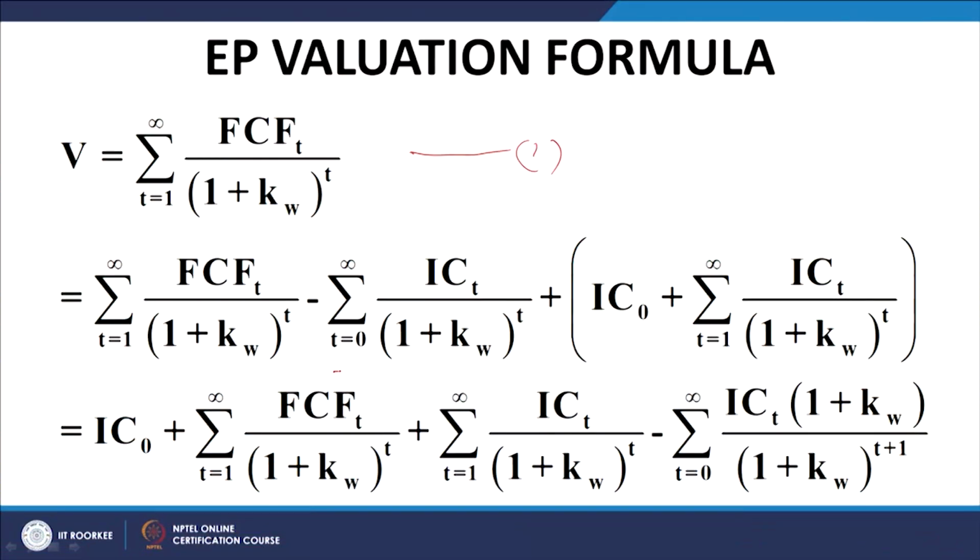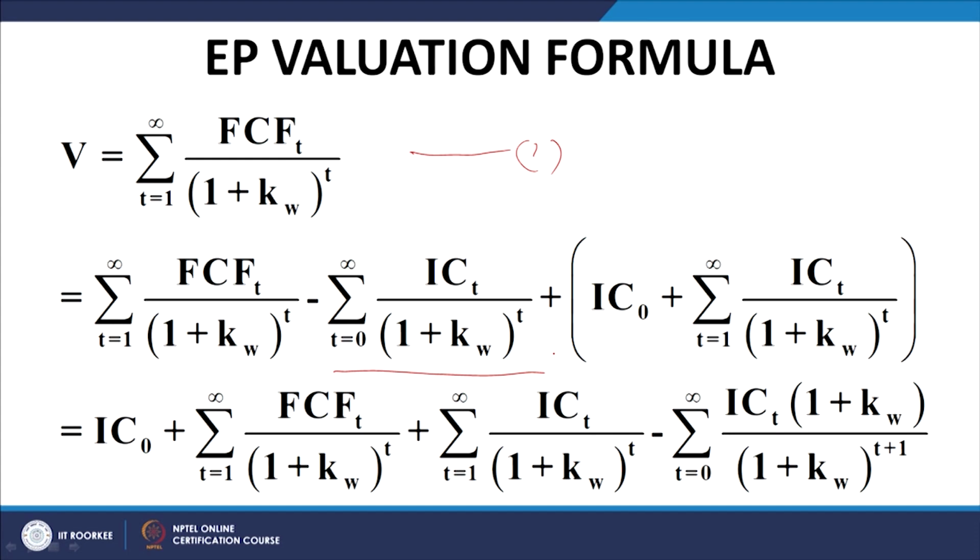We add this quantity, which I underline now, and we subtract this quantity. However, when we add this quantity, we split it up into two parts. We split it up into IC0, which is the initial invested capital, and we sum over the remaining series of invested capital at different times t.